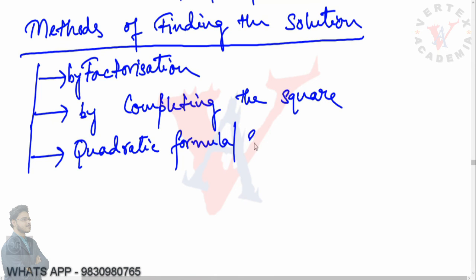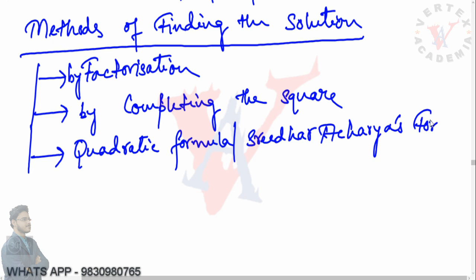also known as Sridhar Acharya's formula. So you see there are many Indian mathematicians who have contributed to mathematics, right? Quadratic equations are studied all over the world, and we have an Indian mathematician, Sridhar Acharya, who has contributed to them.